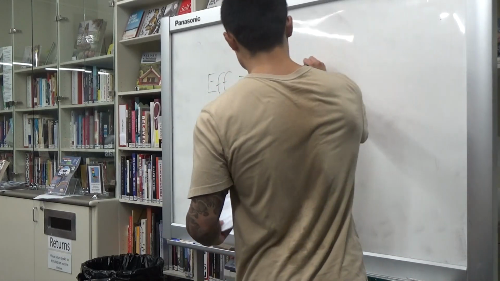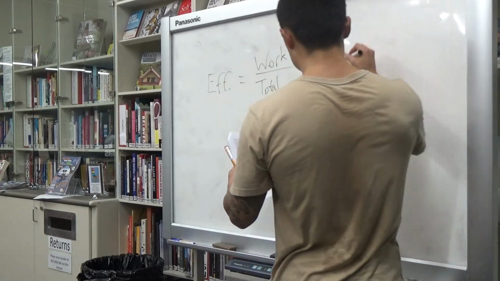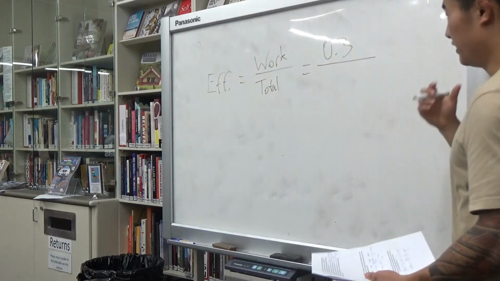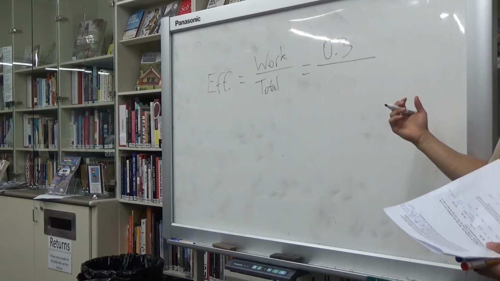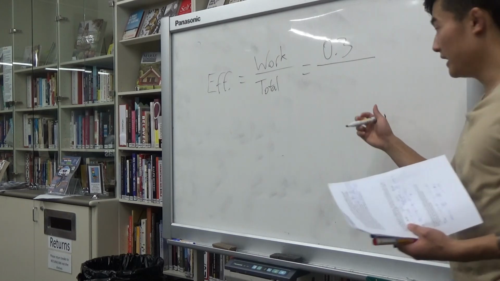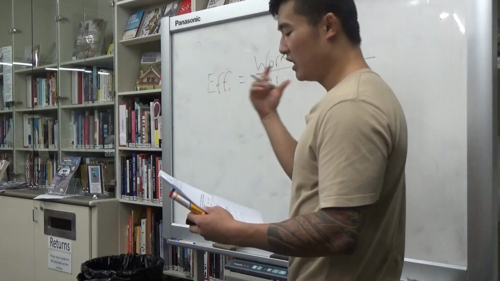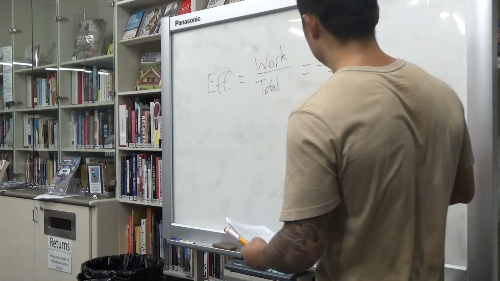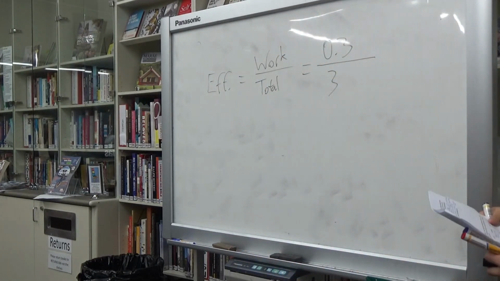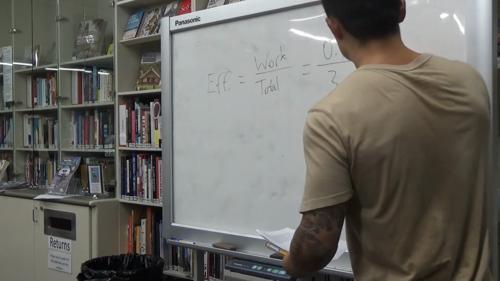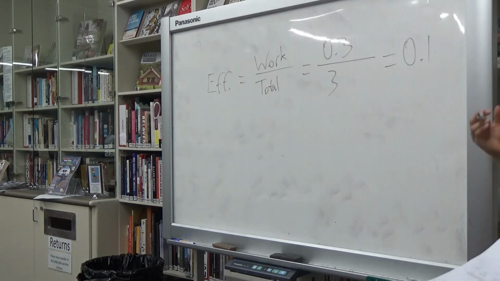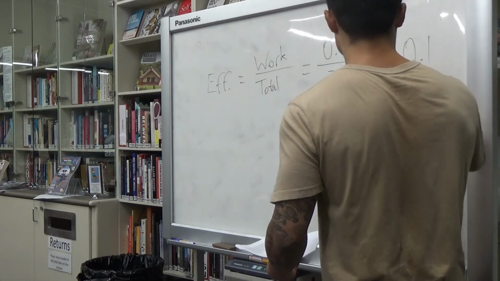We're told that the amount of work is 0.3 megajoules. And what's the total going to be? 3? Yep. So it's going to be work plus heat, so that's 3 megajoules. So that's going to be 0.1, and 0.1 as a percentage is 10%.